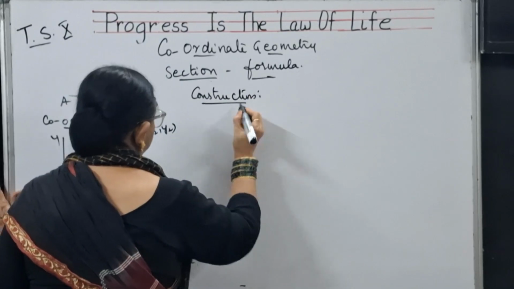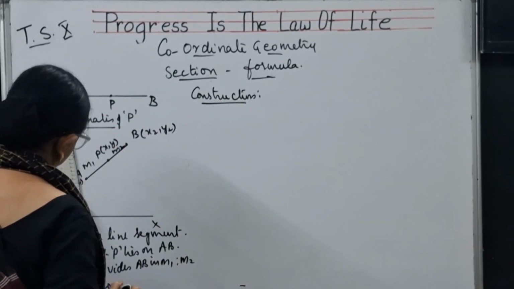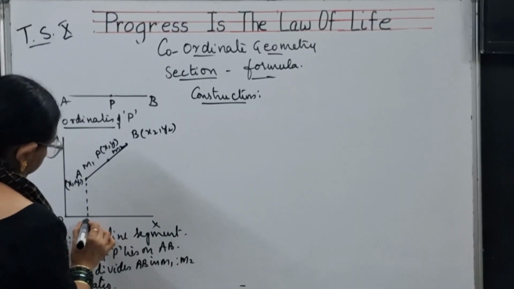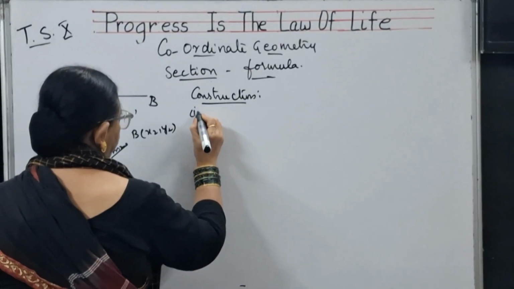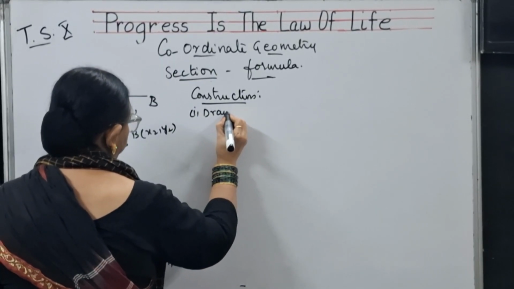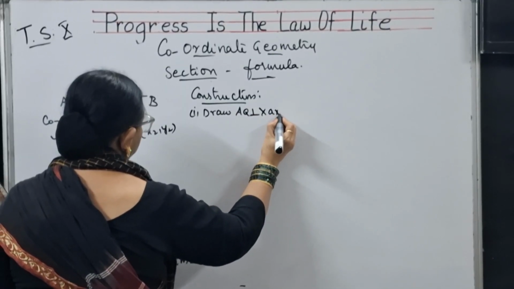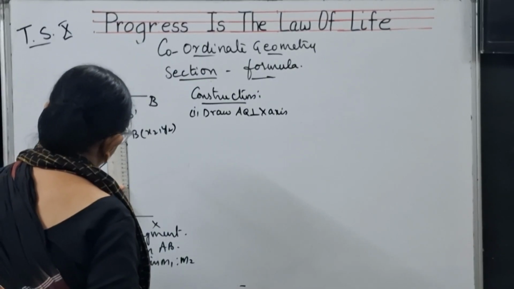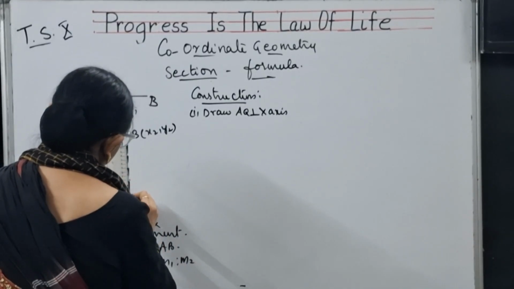So let us see what the constructions are. First you have to draw AQ perpendicular to the x-axis. Then draw BR.